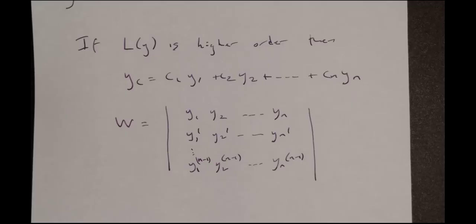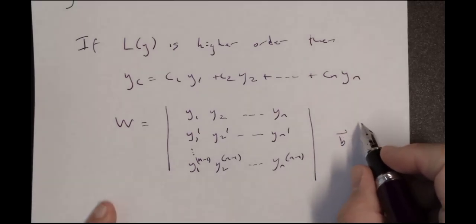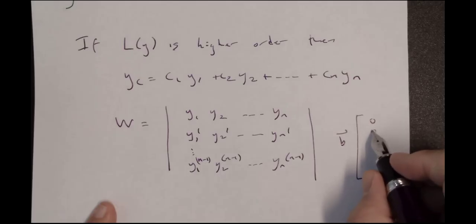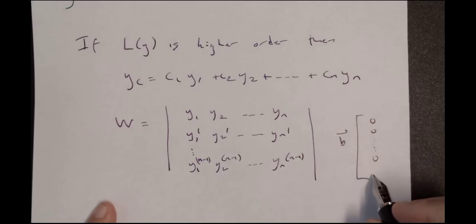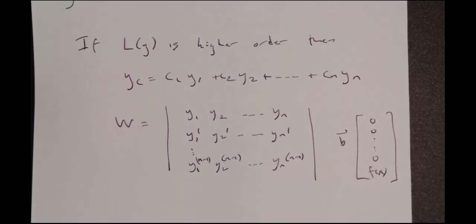But I'm also going to get a W1, a W2, a W3, all the way up to Wn. I'm going to have to take each of those columns one at a time and replace them by a column that looks like this, where there are n minus 1 zeros.